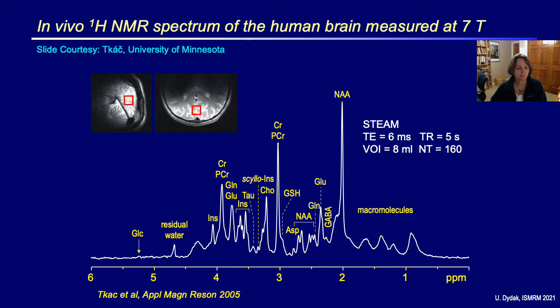You even start to identify the GSH peak underneath the phosphocreatine peak. Or you can nicely separate glutamate from glutamine.